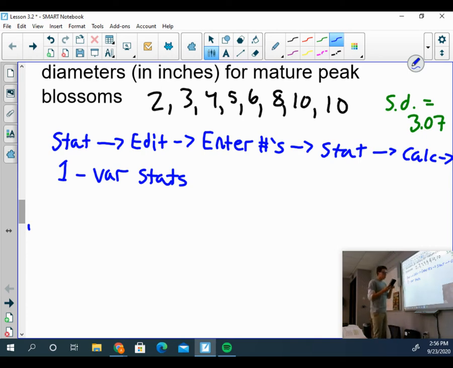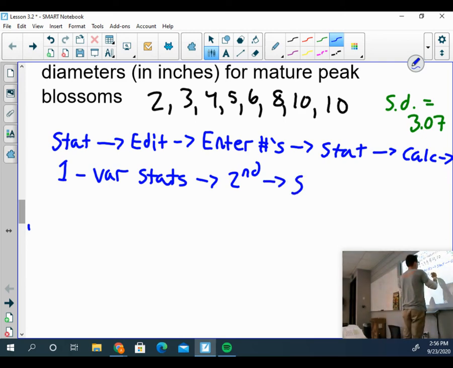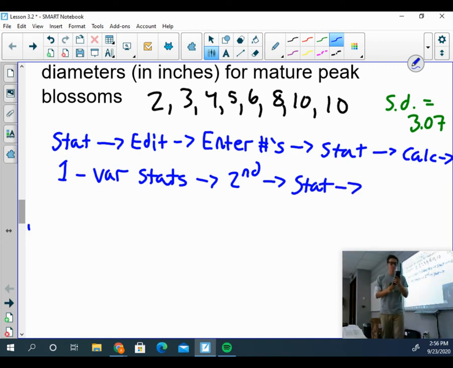And then I want you to hit the second key, and then you're going to click the stat button again. And you're going to see a bunch of your lists pop up. Okay?